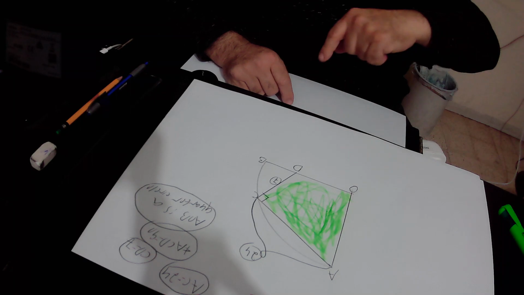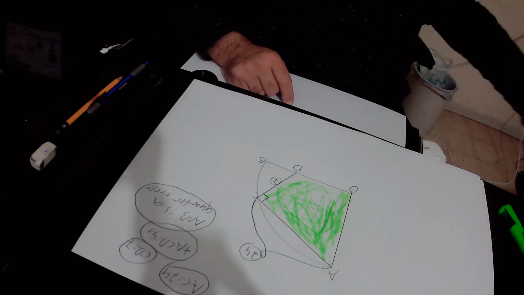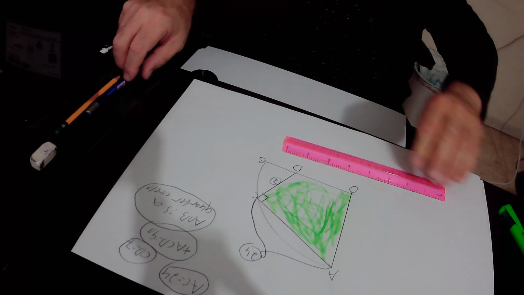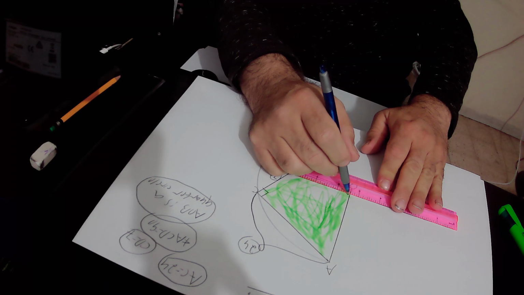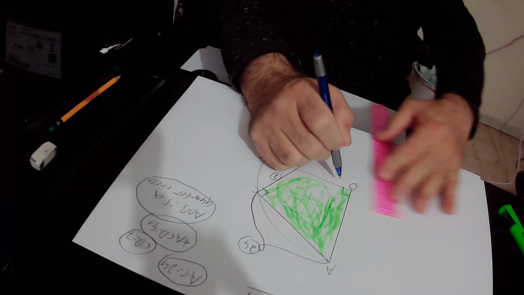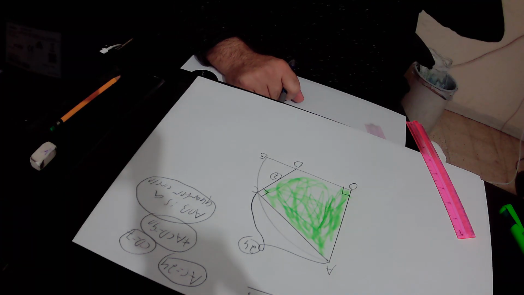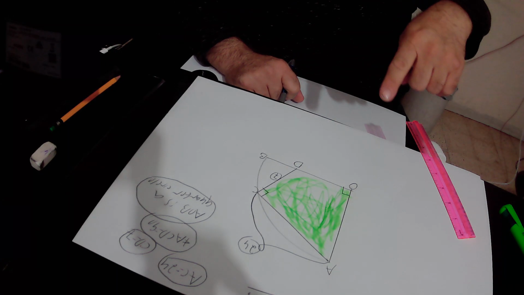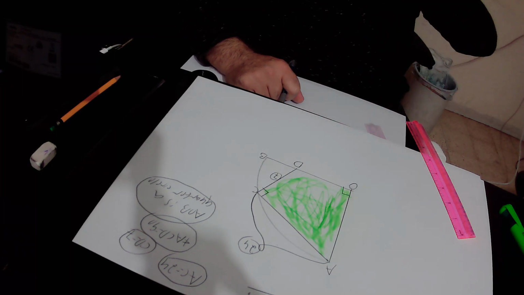AOB is a quarter circle, therefore this angle equals 90 degrees. Angle AOB equals 90 degrees. The point O is the center of the circle that we can create by completing this quarter circle to a circle.